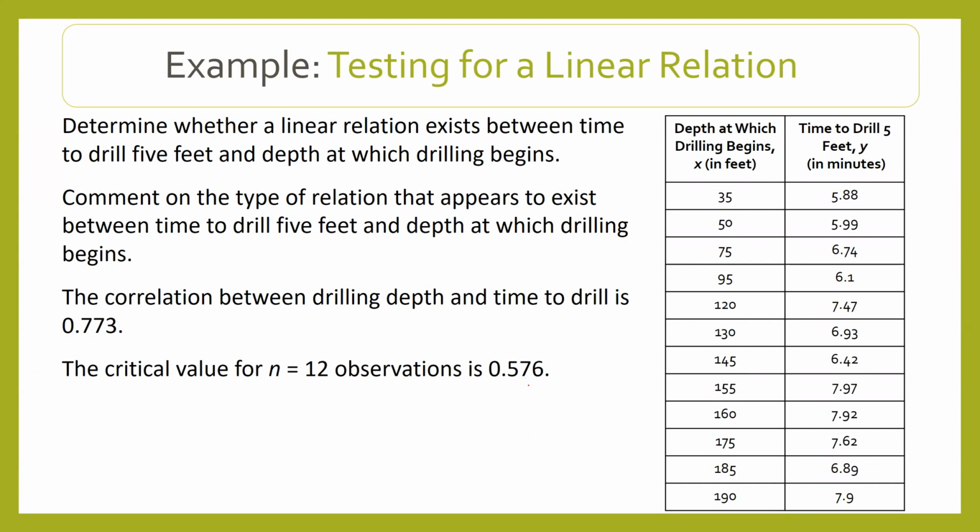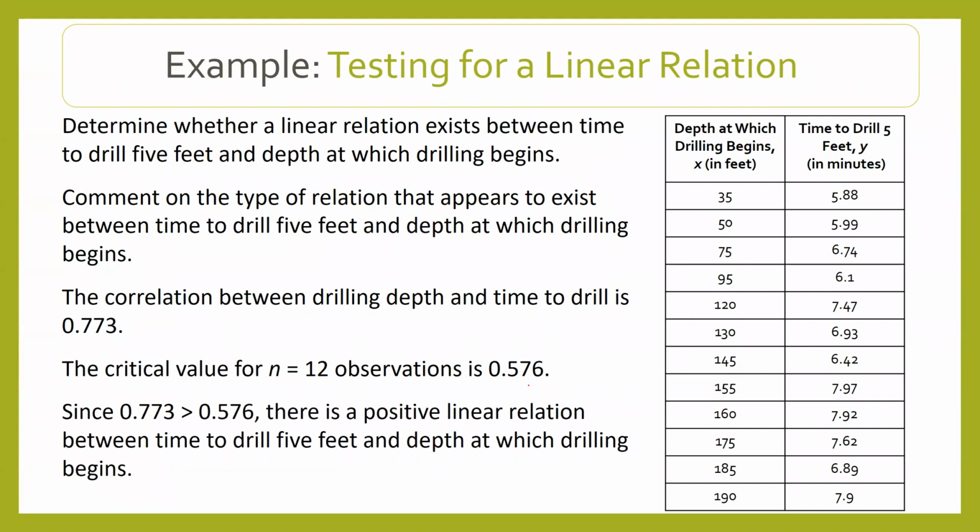So clearly, if we follow the steps, the correlation coefficient is bigger than the critical value. So there is a positive linear relation between time to drill 5 feet and the depth at which drilling began. Okay. We have some strong evidence to say that, but this is really the way to ascertain that.